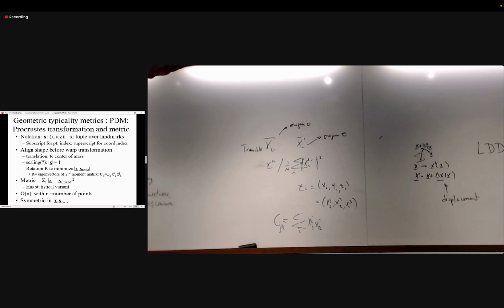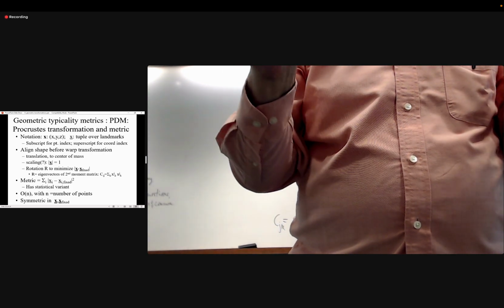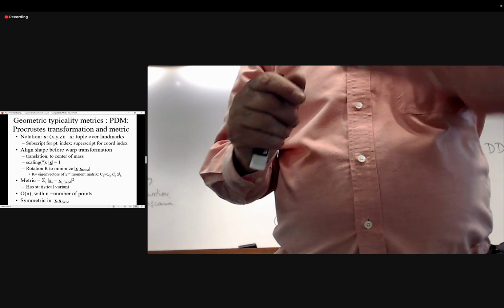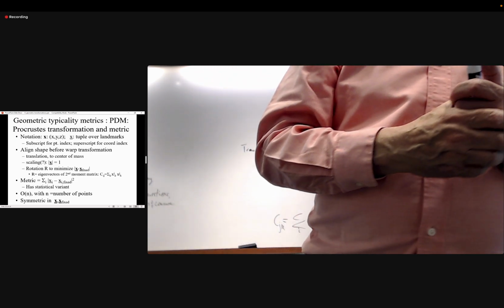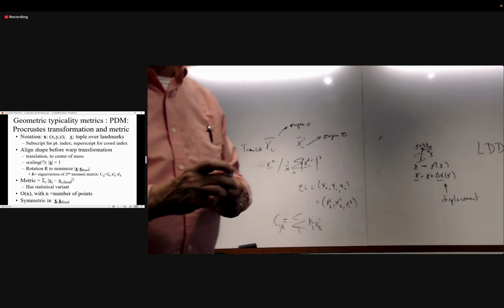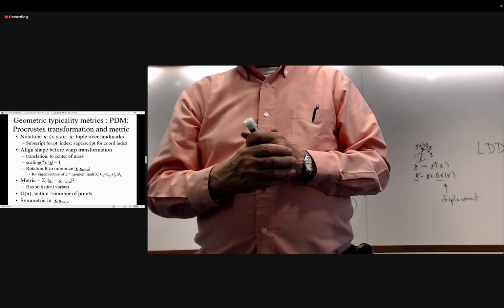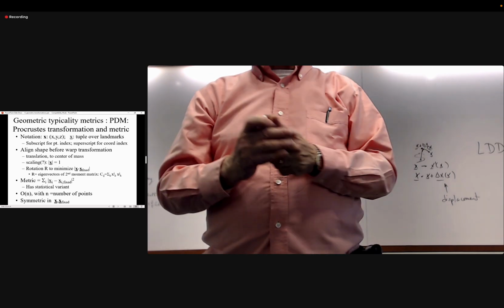And you can do that to the x primes as well. And so we will have translated, scaled, and rotated everything into a standard coordinate system. And it turns out to be useful to do that before you start thinking about thin plate splines or any other registration. So the idea is that you pre-process by the similarity transformation computed from Procrustes, and then you apply thin plate splines.